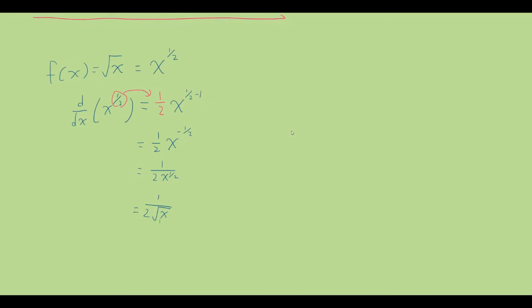So let's say I have g of x is the nth root of x. Now, the nth root of x, I can write as x to the power of 1 over n. And to find the derivative of that, we do the same thing. We bring down the power, 1 over n, and then decrease the power by 1.